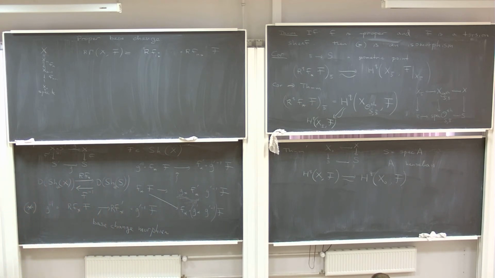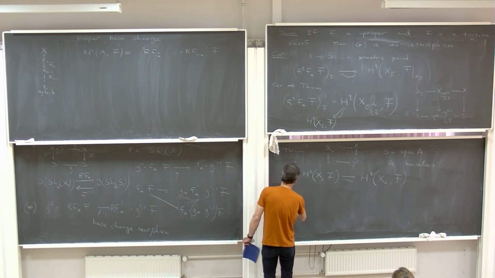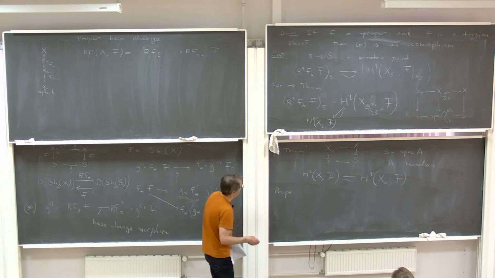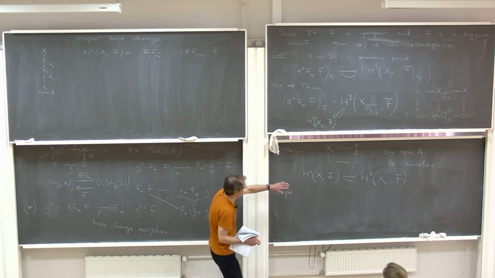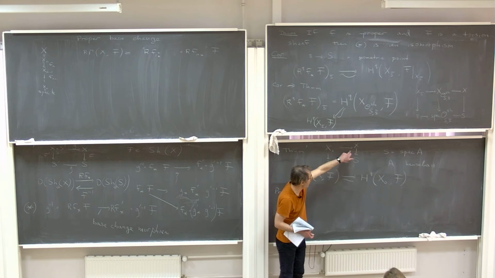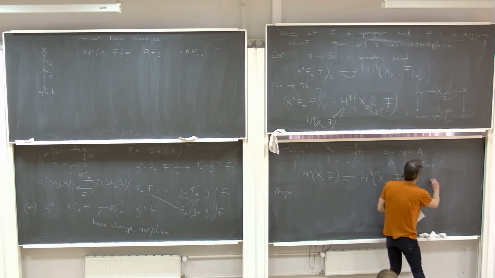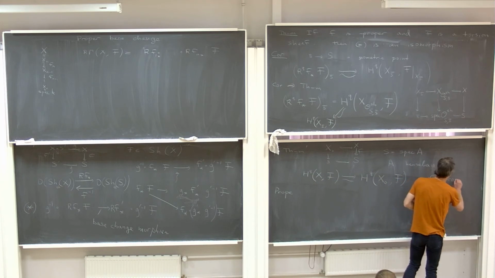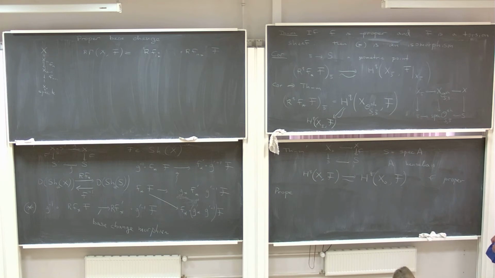Okay. So, before we discuss a proof, let's consider this. The theorem fails without the properness assumption. So this map f must be proper. So what would be the simplest example where it fails?